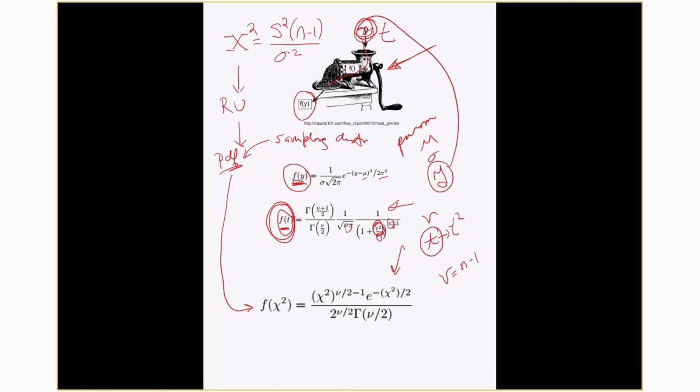So there's our value of nu, and what we do is we calculate our single value of chi-squared, small s squared, because it's based on our single sample, times n minus 1, over sigma squared. That's the value of chi-squared that goes in there, and what comes out is the probability density associated with that particular value of chi-squared.